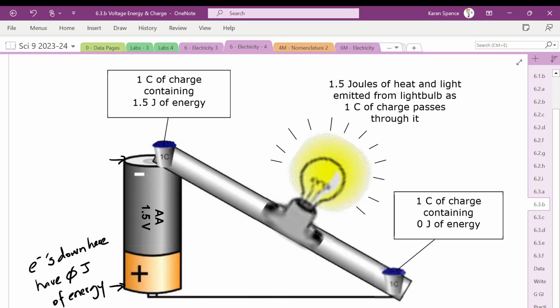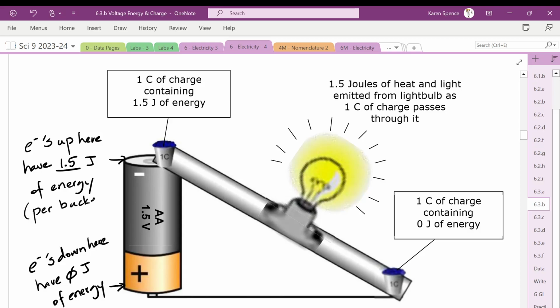Can you tell by looking at the battery how many joules a bucket of electrons has by the time it gets to the top of the battery? So electrons up there have 1.5 joules of energy per bucket of electrons.